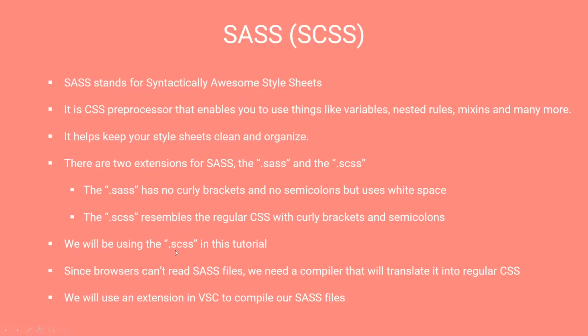We will be using .SCSS in this tutorial. But since browsers cannot read SASS files, we need a compiler to translate from SASS to regular CSS, and for that we will use an extension in VS Code, Visual Studio Code, to compile our SASS file. Now let's get coding.